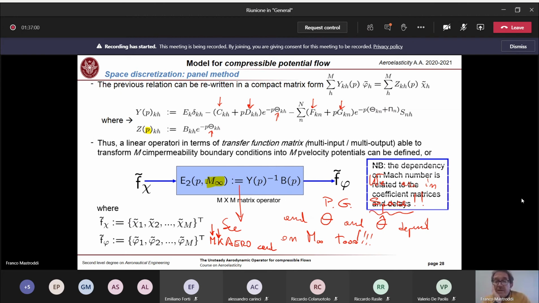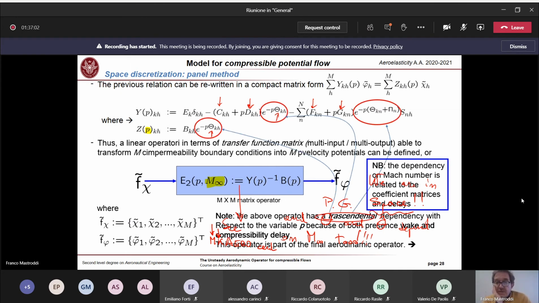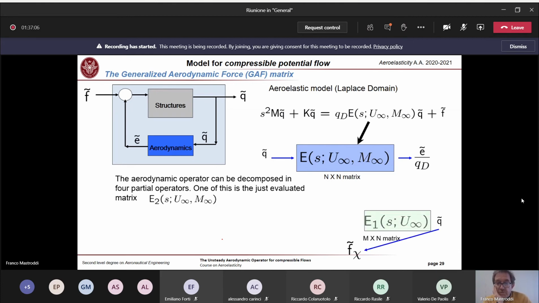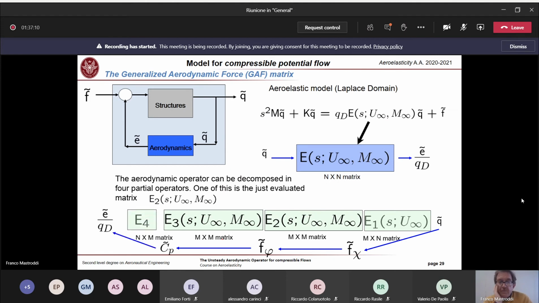And what about the other matrices? We have E2, but we have also E1, E3, and E4. Are all these depending on Mach number? Not yet.